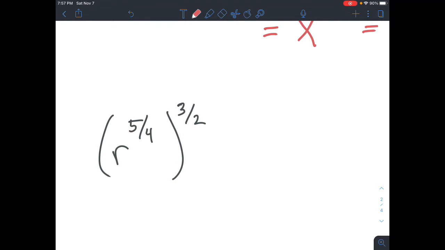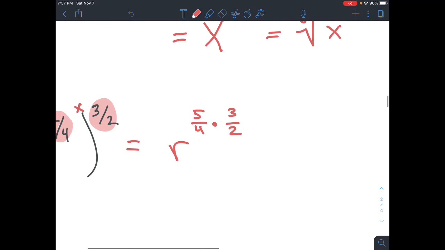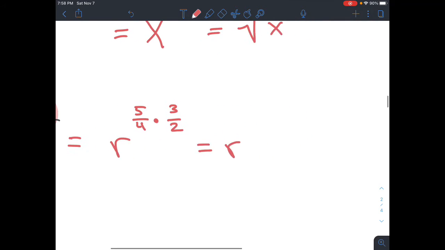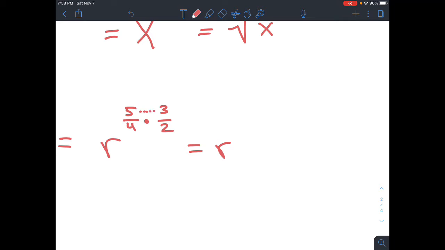In this example, we're going to have to apply the power rule, where you multiply the outside exponent by the inside exponent. So we're going to keep the base, r, and it's going to be raised to the 5/4 times 3/2. And that's easier than the problem we just did. When you multiply fractions, you just go straight across.